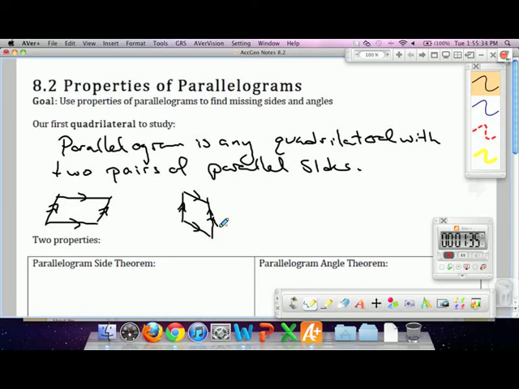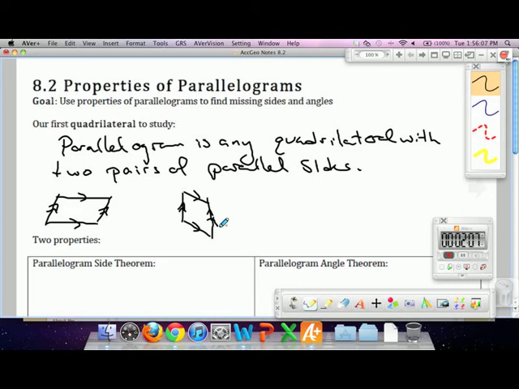But the important part is it's a parallelogram only if it has two pairs of parallel sides. No more, no less. You spent a lot of time back in the first trimester looking at properties of lines that are parallel and all the angles that are formed and all the relationships that you get in there.